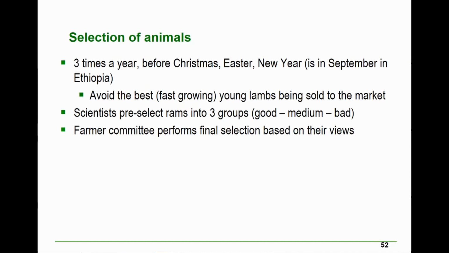Whatever is selected as the parent of the next generation should be kept safe and not sold and not slaughtered, so that it can actually utilize its genetic background and pass on its genetics to the next generation.